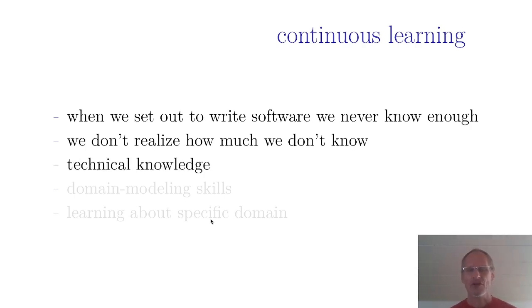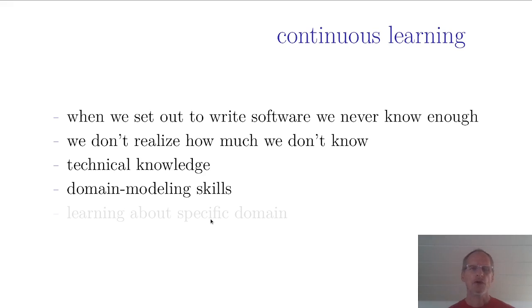There is technical knowledge that we lack. Maybe we're employing a framework or a new programming language or several programming languages, and there are some technical aspects of the interaction between the different languages or the different frameworks that we don't know about yet.